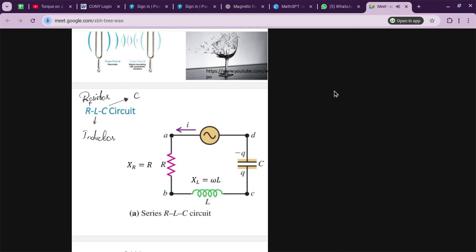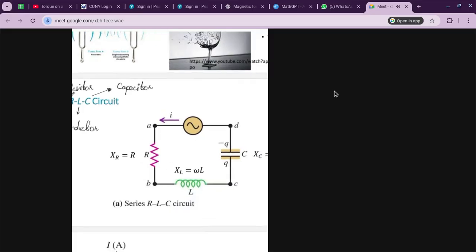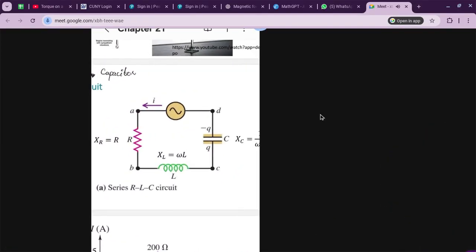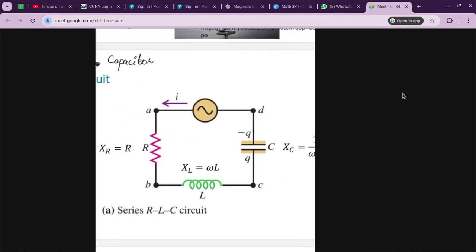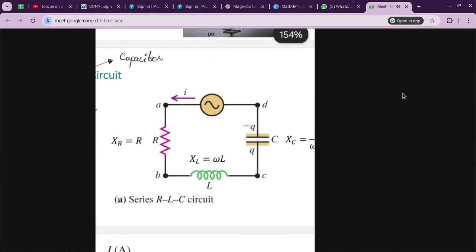And C means capacitor. So now we are dealing with a circuit in which three basic components of electronics will be considered. First one is resistor, second one is inductor, the third one is capacitor. Okay?